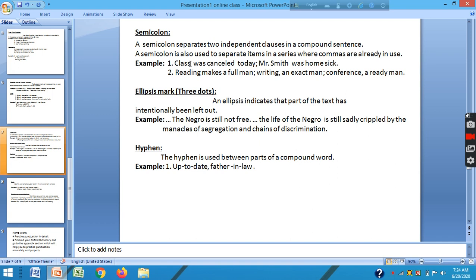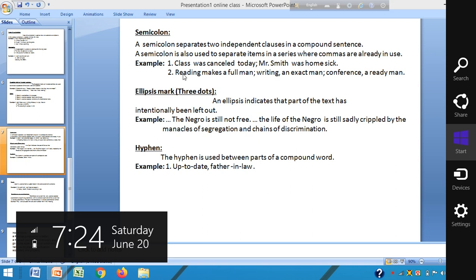For example, class was cancelled today; Mr. Smith was homesick. You notice that two independent clauses are separated by the use of a semicolon.